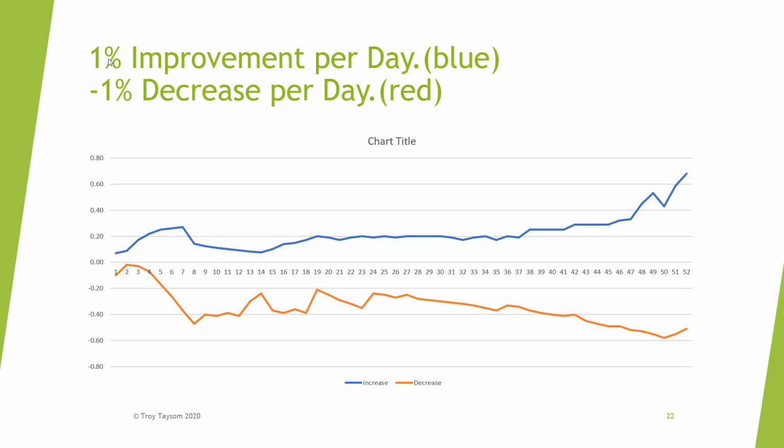If you improve that 1% per day, now 1% is nothing, right? You almost can't measure it. It's that small. But after 52 days, you have increased your knowledge from where you're at now by 70%.